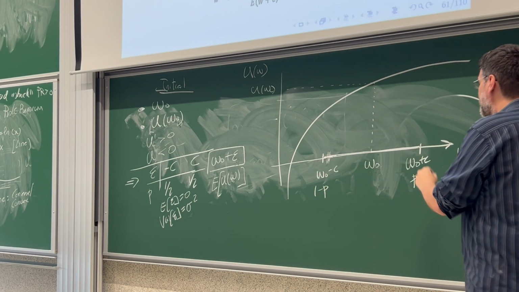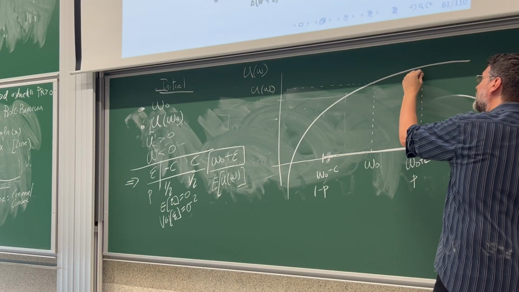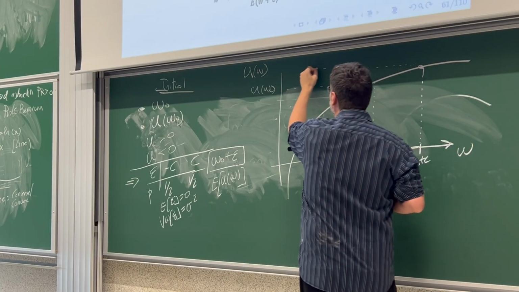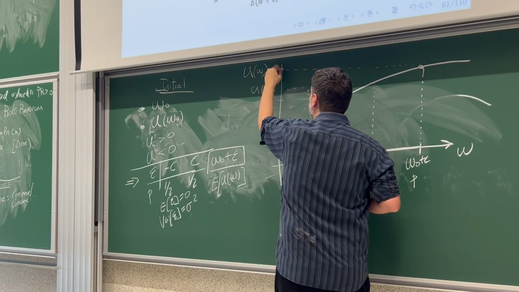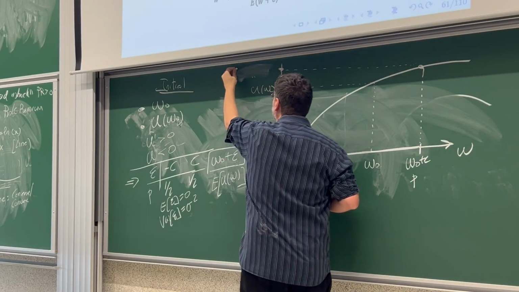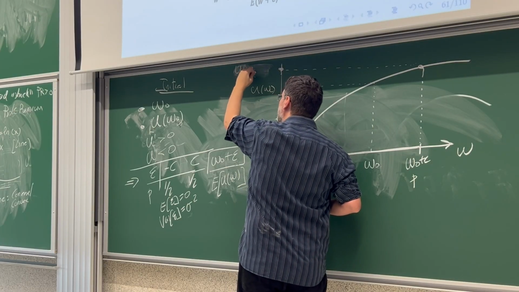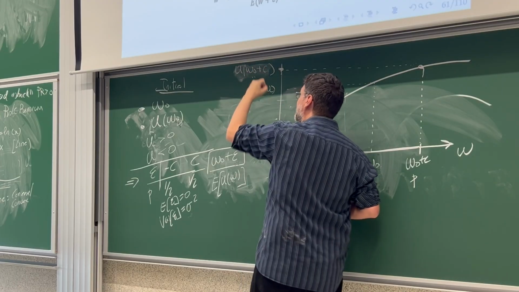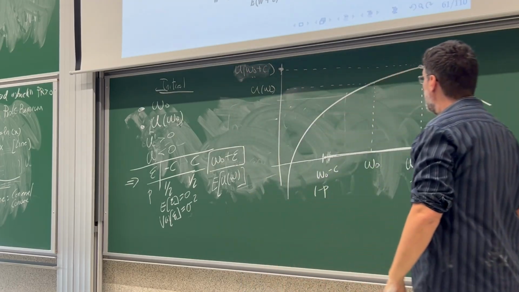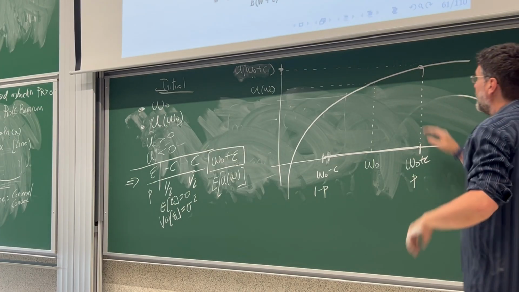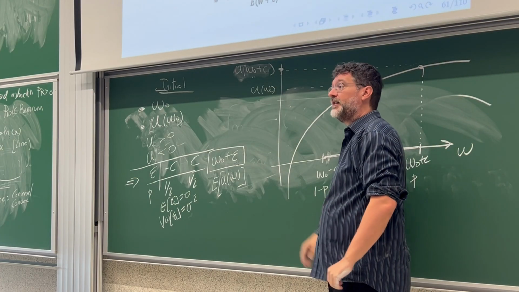Now, if things go right, your utility will increase up to this much. So this is the utility of the original wealth plus C. When things go right, you will go up to here, more wealth, more utility, you will be happier with that.